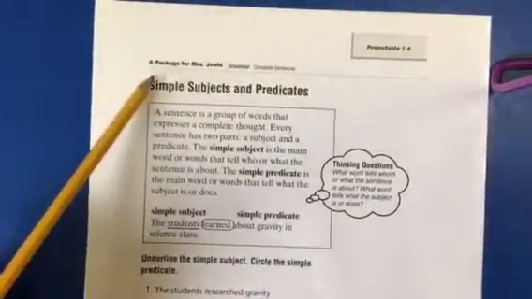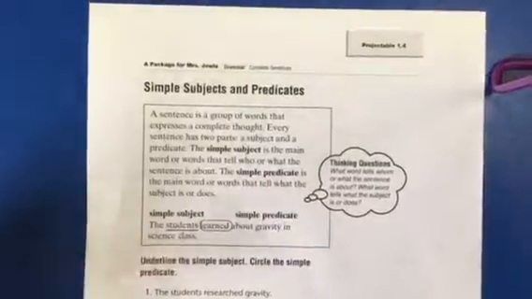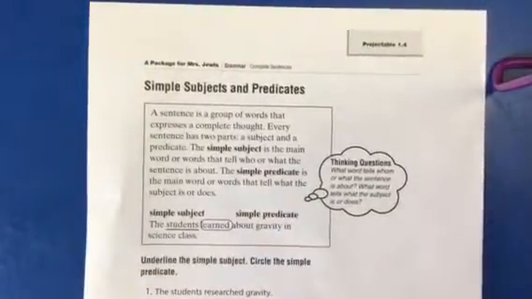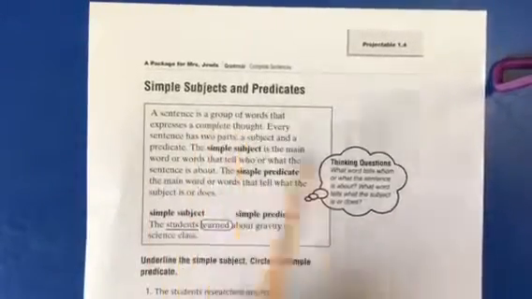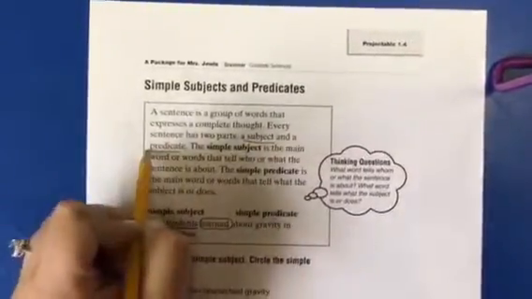Now let's go on to our paper. This has to do with the package for Miss Jules. So all the sentences are going to be talking about our story and reading. So it says, a sentence is a group of words that expresses a complete thought. Every sentence has two parts, a subject and a predicate.